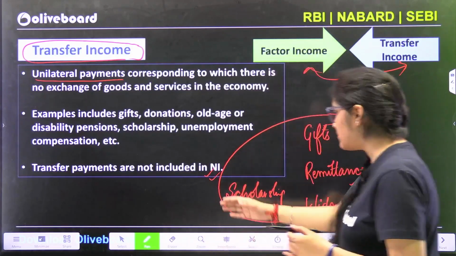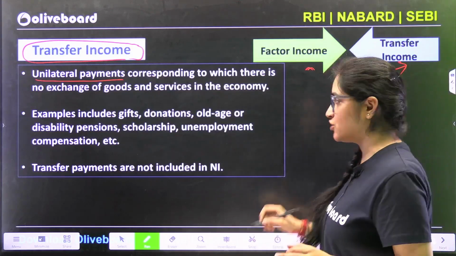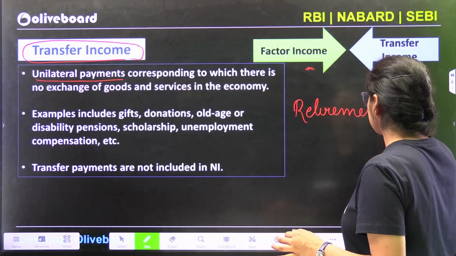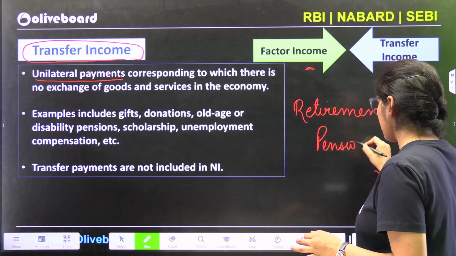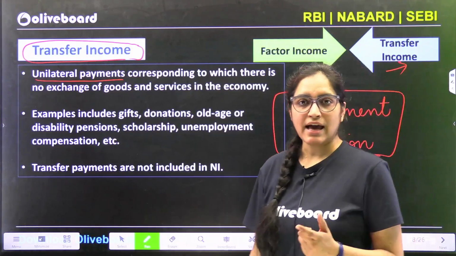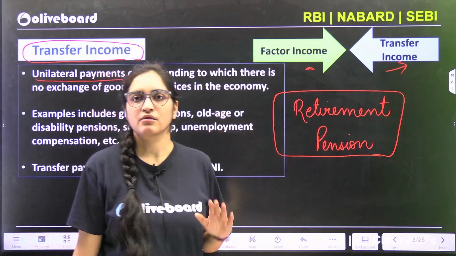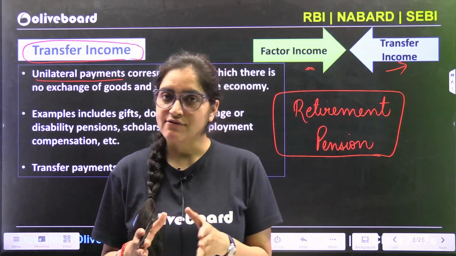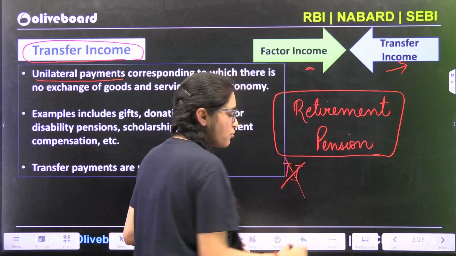Now just one more question that is coming to my mind is regarding retirement pension. What do you think about retirement pension? Is it a transfer income or a factor income? Definitely, retirement pension is not a transfer income. Why?